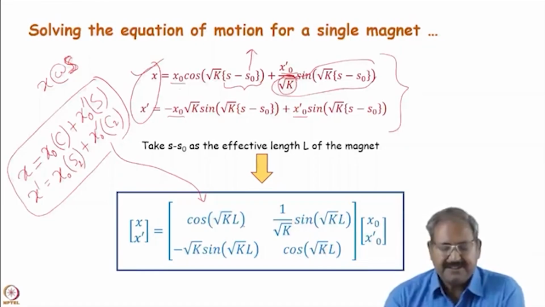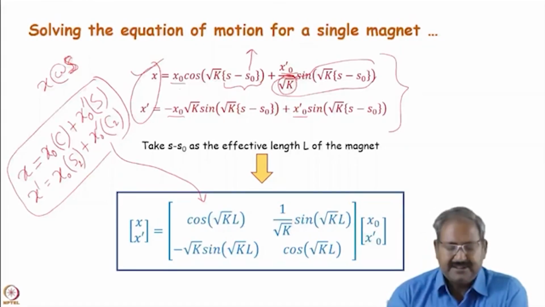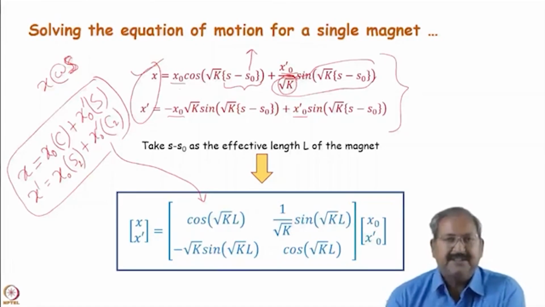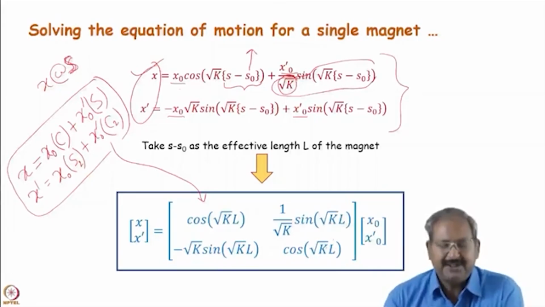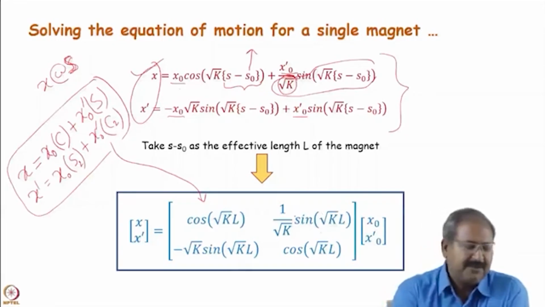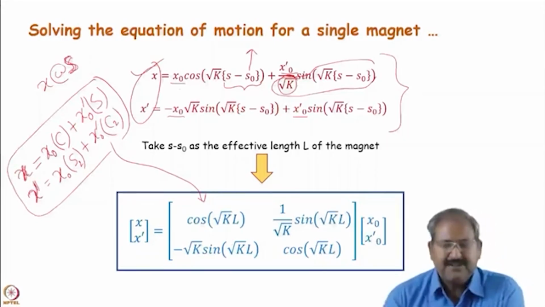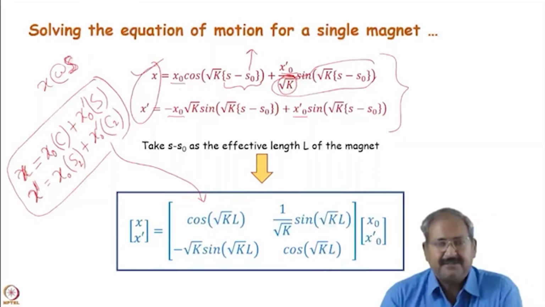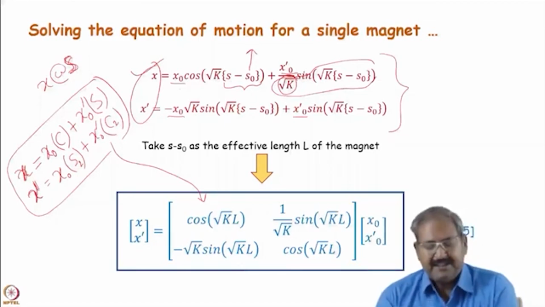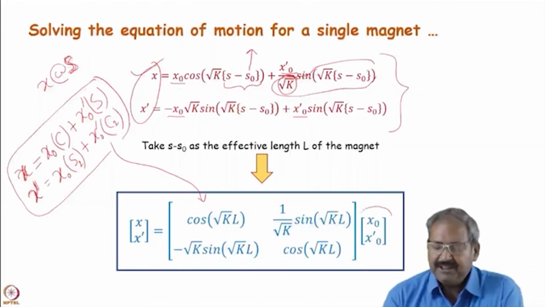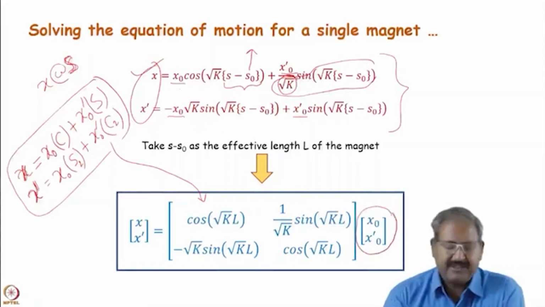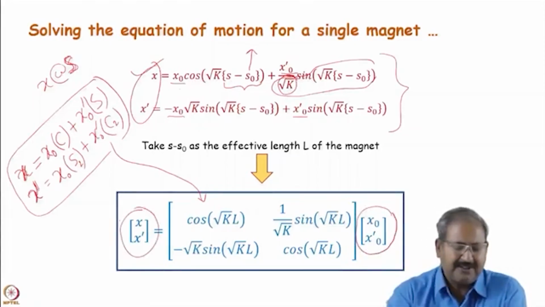Here you can see that the second row of this matrix is basically the differentiation of the first row, and this should be because we have x and x prime. X prime is the differentiation of x, so the second row should be the differentiation of the first row. And in this manner, if we know the initial coordinates of the particle, we can get the final coordinates.